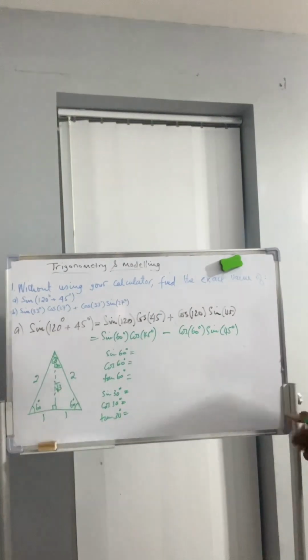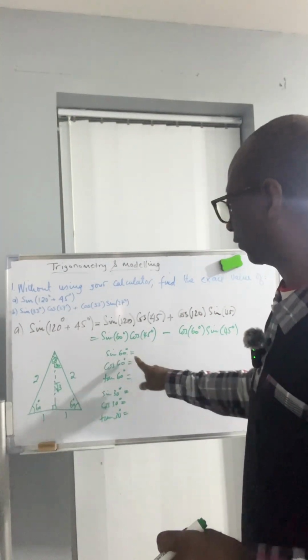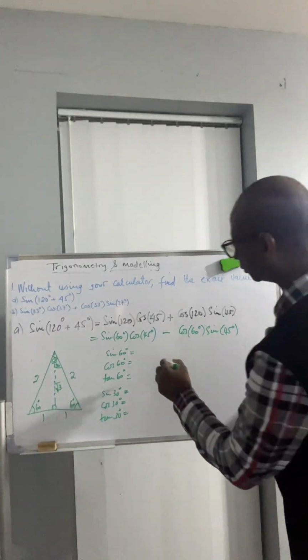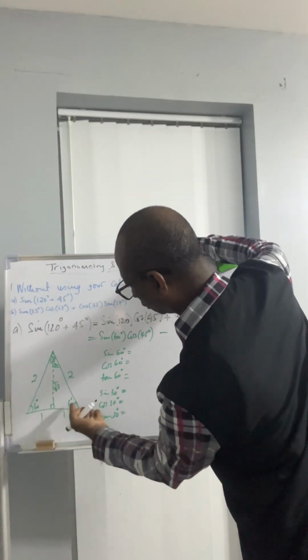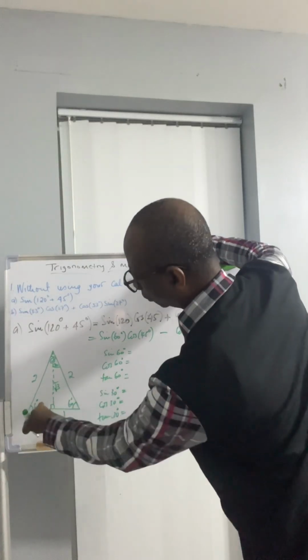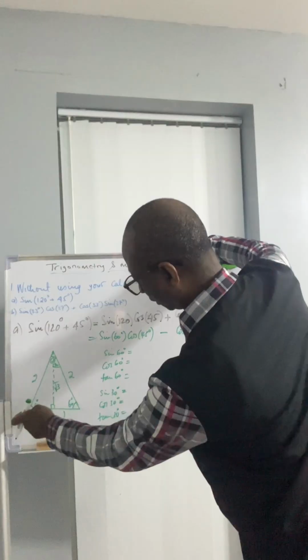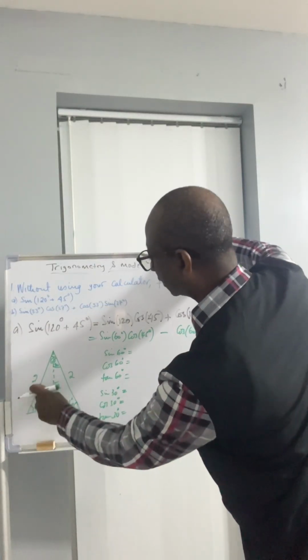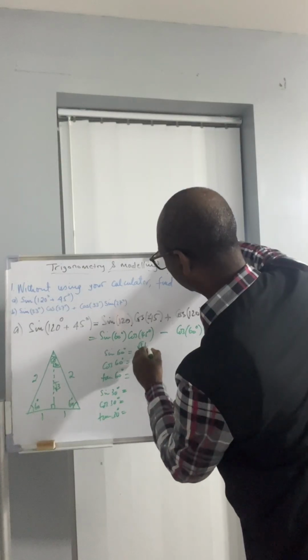So let's find first cosine of 30, sine of 60. Sine 60, so we are looking at this angle here. We can take this or we can take this one, whichever angle we take. So let's take this one. Sine is opposite upon hypotenuse. So sine 60 is equal to the opposite, which is root 3 all over 2.